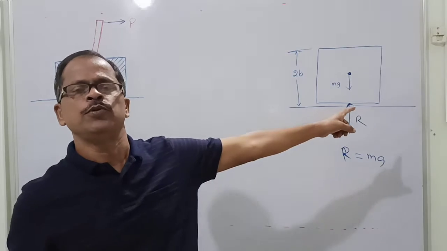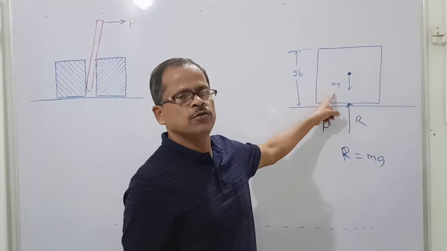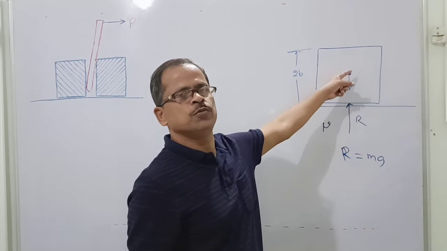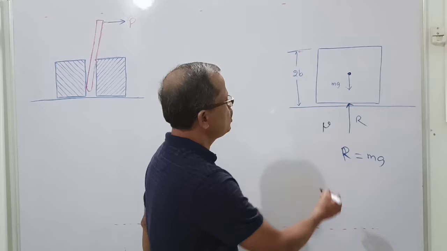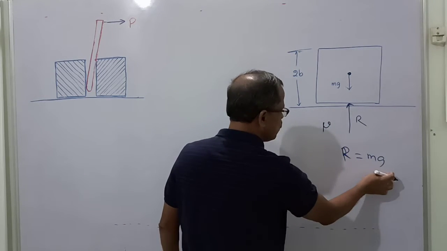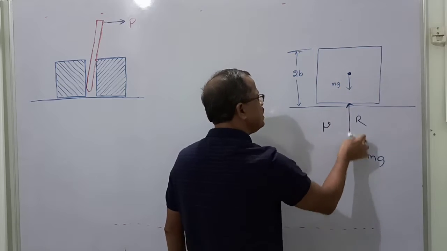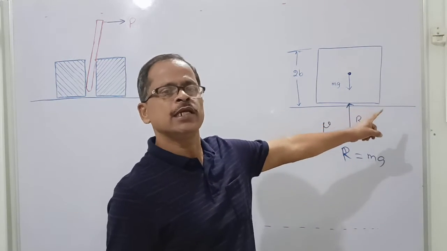So it is equilibrium by two forces. To keep this body in equilibrium, these two forces must be equal, opposite and collinear. Here R is upward, mg downward. They should be equal and lie in one line. That is very important so that the body will be in equilibrium.